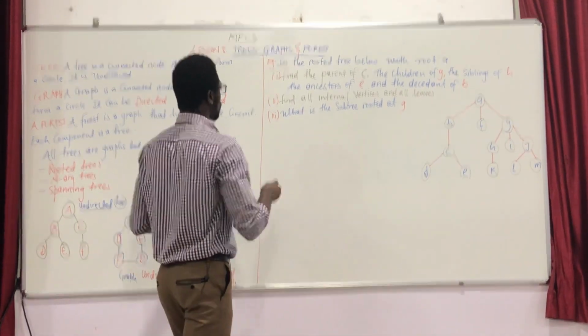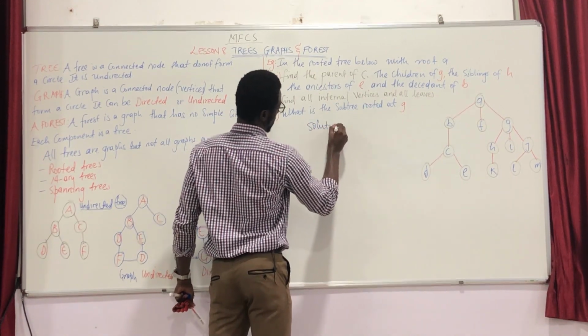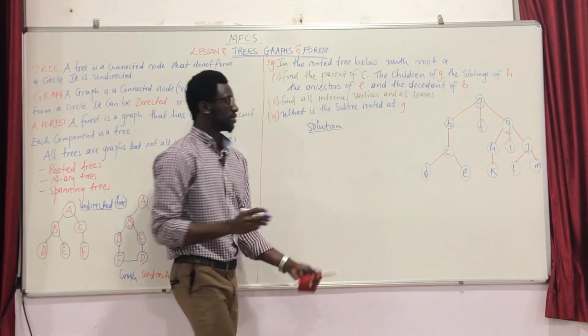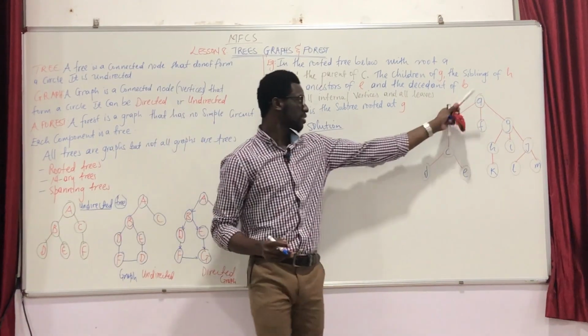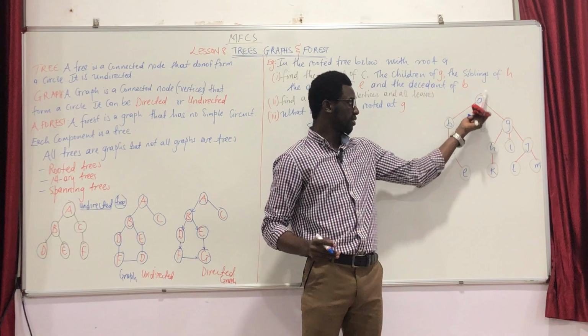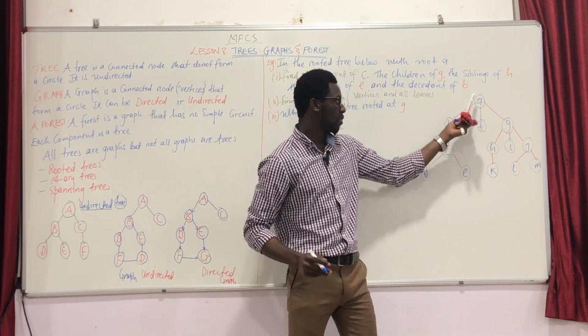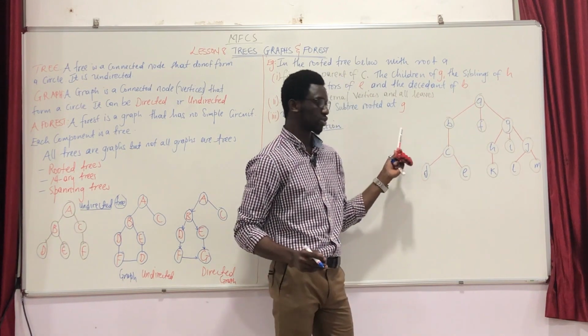Okay, so the first question. From this graph, this is our rooted tree. The root node here is A. From A, we have all the other nodes.